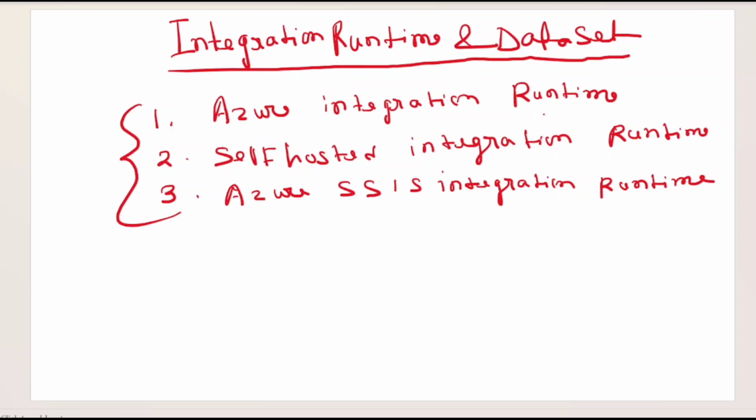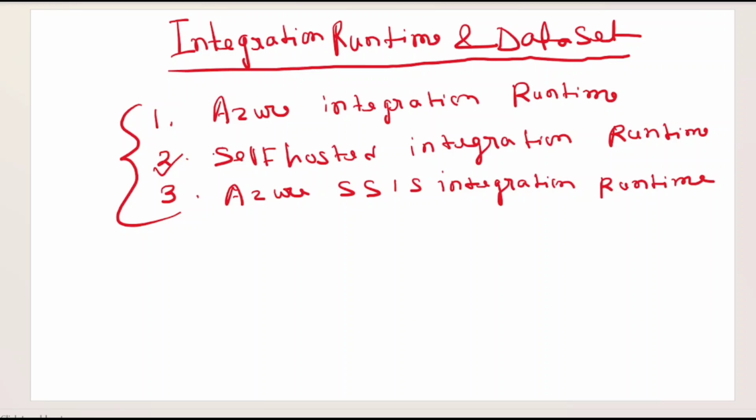Next is self-hosted integration runtime. What is the self-hosted integration runtime? It is installed on an on-premises machine or virtual machine. It is used to securely access on-premises systems. Third is Azure SSIS integration runtime.